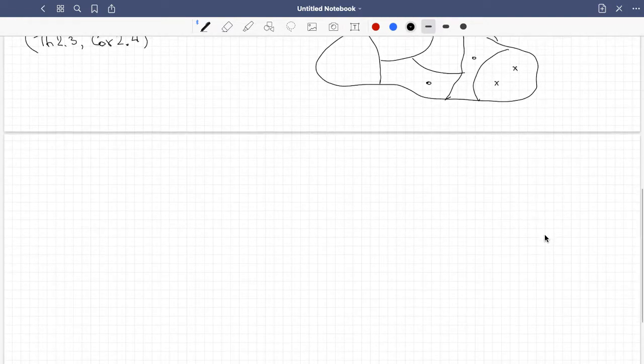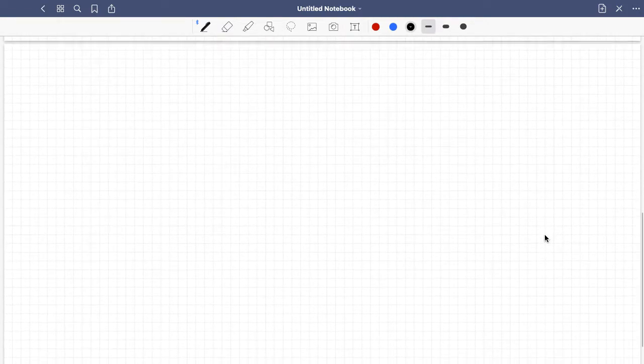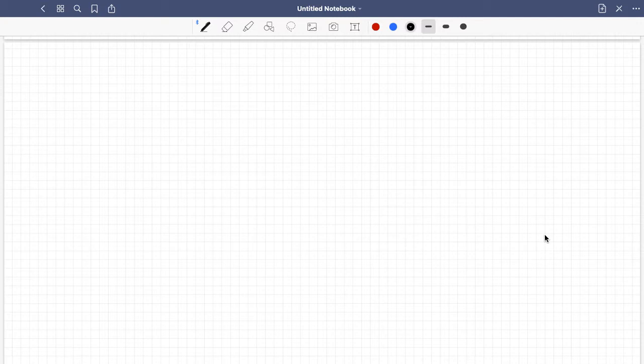Now, in the case of integers and the congruence relation, we have a notation.